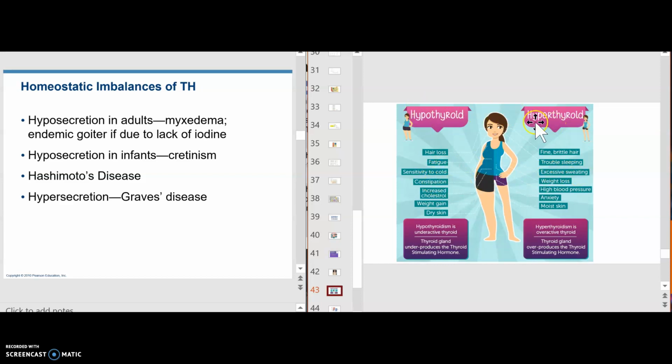So you can see this difference between the two. I'll give you a second to glance at that. You can see this difference between hypothyroidism and hyperthyroidism.